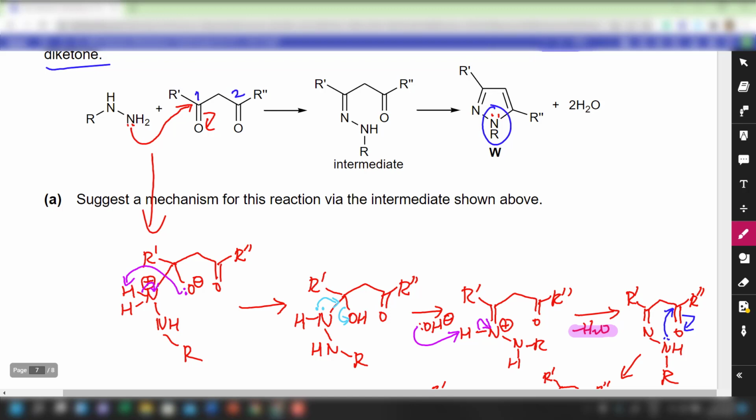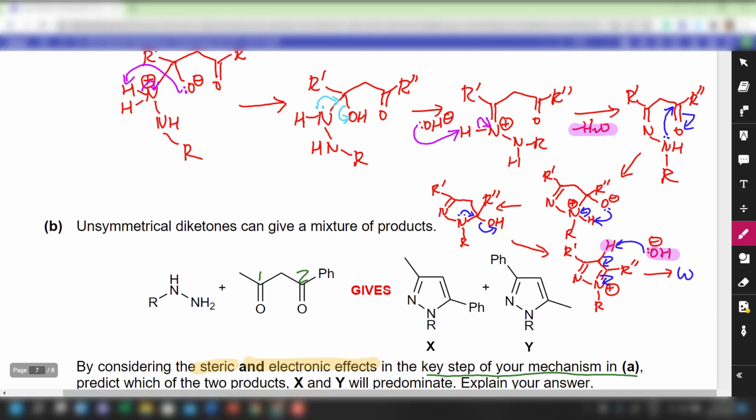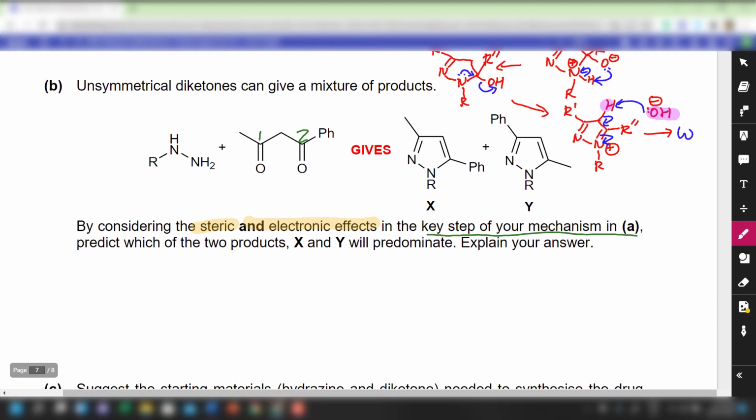Why is that the key step? Because that will be the step which determines whether you get X or Y. I hope you agree with me on that. So I'm supposed to consider the steric and electronic effects in the key step and predict which of the two products will predominate. So this becomes a relatively H2-ish kind of question.